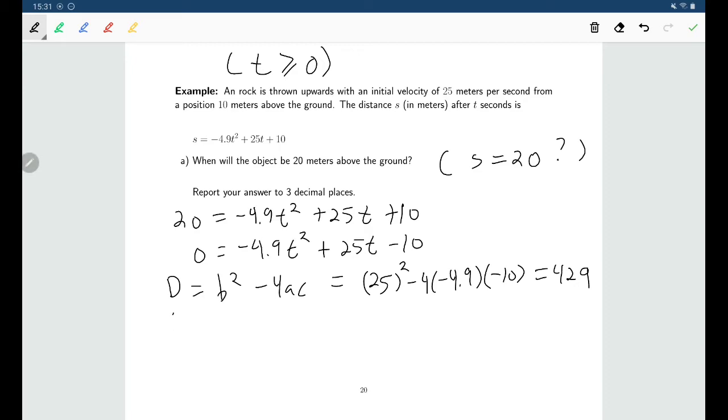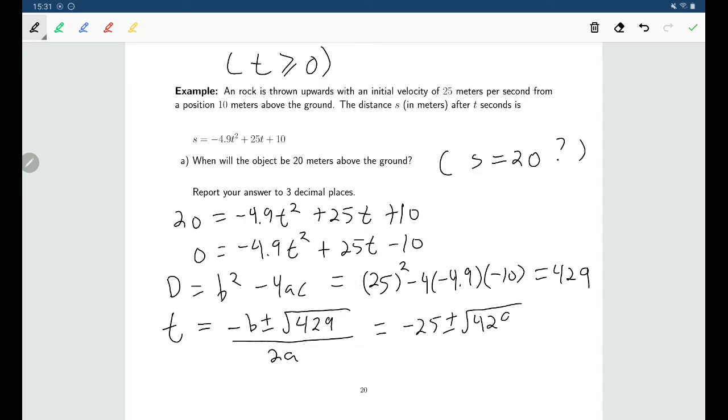Okay, so now we'll find out what time is. Time is negative b plus or minus my discriminant square rooted, over 2 times a. Here, b is 25, and a was negative 4.9, so my denominator is negative 9.8.